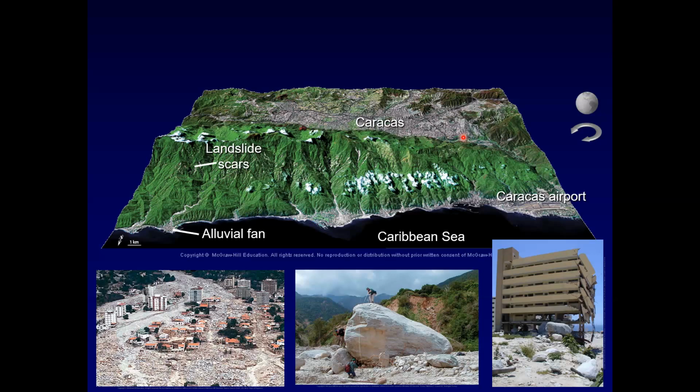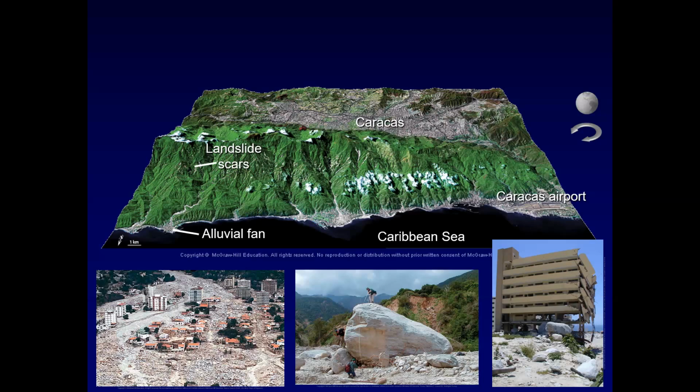So in this area, there was heavy rain in 1999. It caused massive landslides, debris flows that went down canyons. They carried those car-sized boulders into town, destroyed entire neighborhoods, and killed at least 19,000 people.